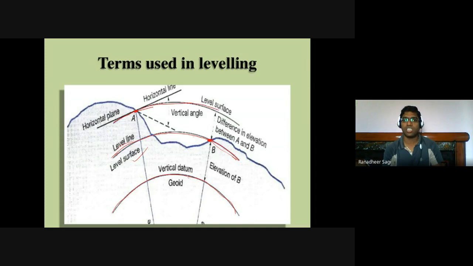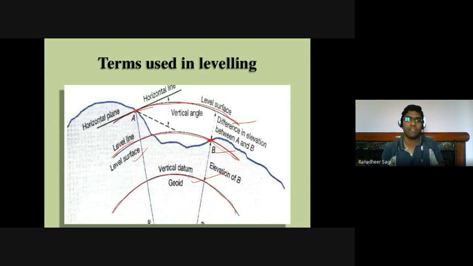This level surface at point A has to be parallel to the level surface passing through point B, and that level surface through point B should be parallel to your geoid or mean sea level or datum surface. Any line which is drawn as a tangent, I repeat, any line which is drawn as a tangent on that level surface.